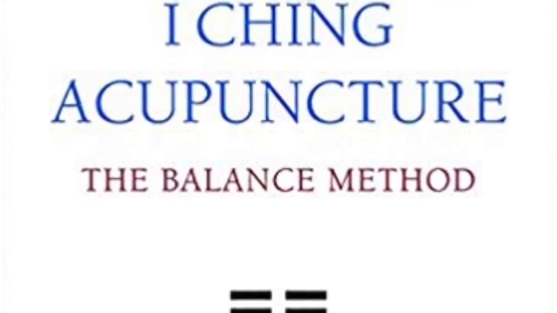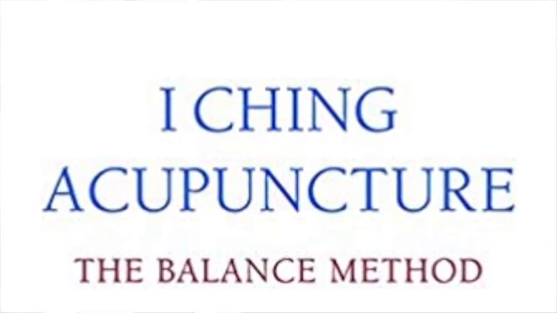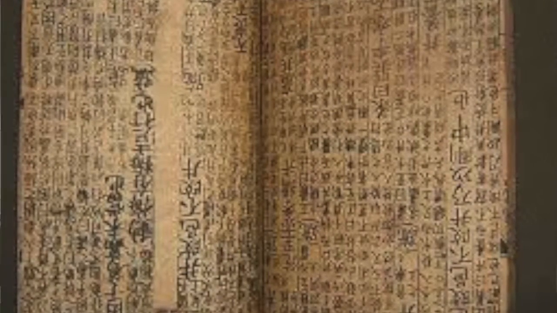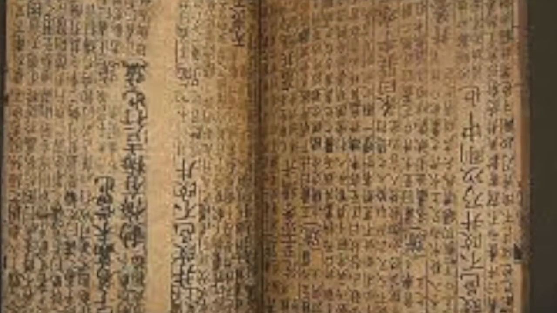Dr. Chao Chen got the balance method from the I Ching. You know what the I Ching is? The oldest Chinese book written about, let's say, everything. In the I Ching, you can see 64 hexagrams. What are the hexagrams?